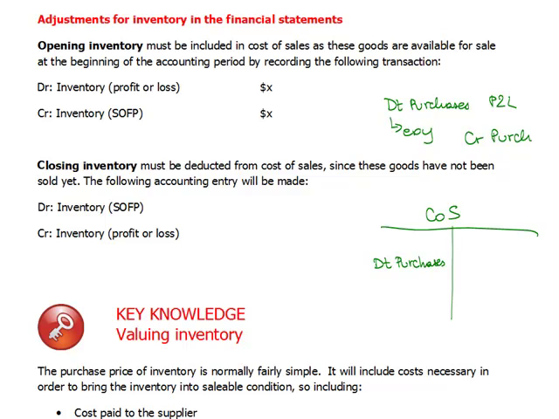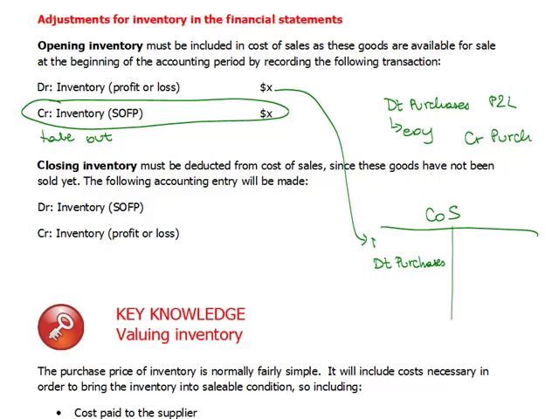But as I said, we also need to adjust the balance sheet items. So, well, we know that we had some inventory at the very beginning of the year. Now we will take it out of the balance sheet and the way we will do it is by debiting the cost of sales.